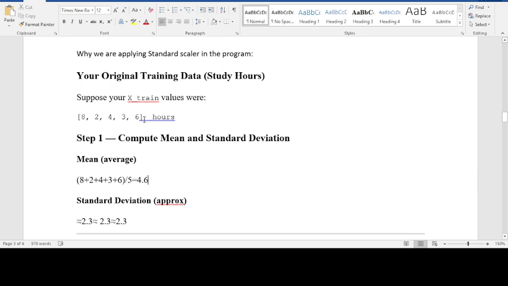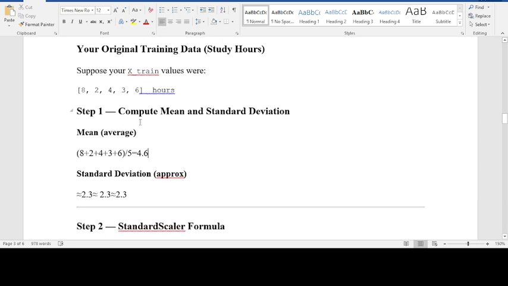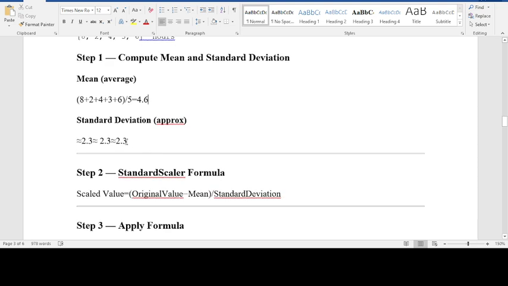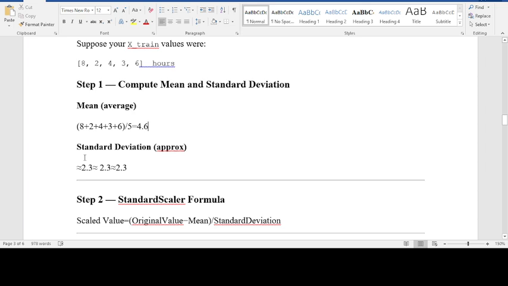They are the number of hours studied by so and so person. Now, how to compute that standard scaled array? How to compute that feature scaling? First of all, compute the mean and standard deviation. What is the mean of this? You know the mean formula: sum of all the values divided by the number of entities, and I got 4.6. Then you apply the standard deviation formula, and I get approximately 2.3.